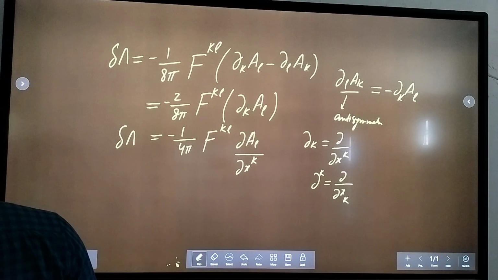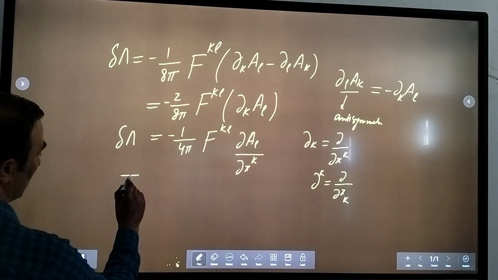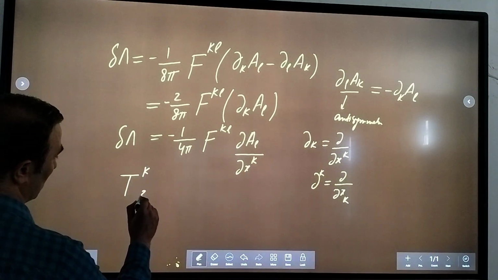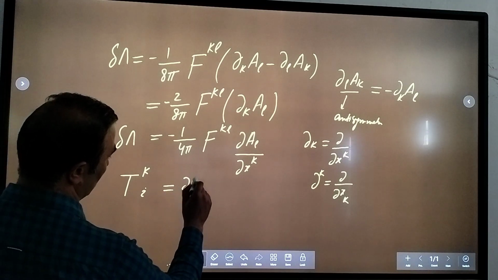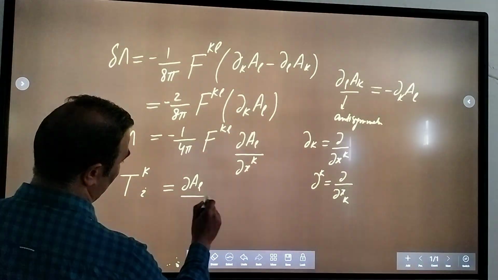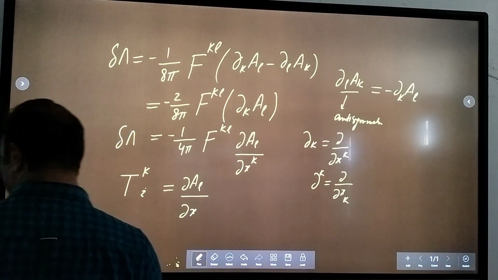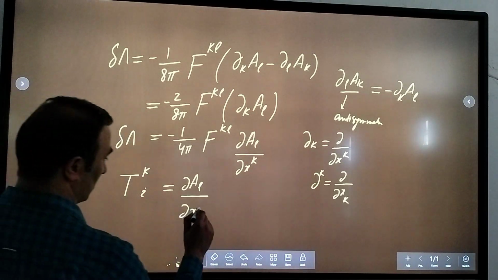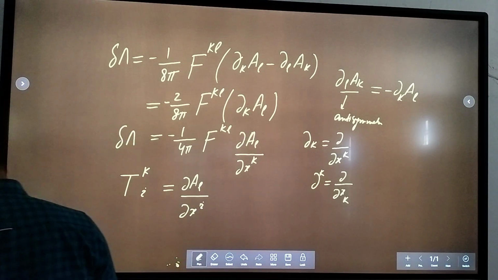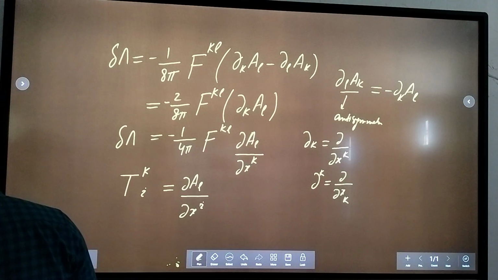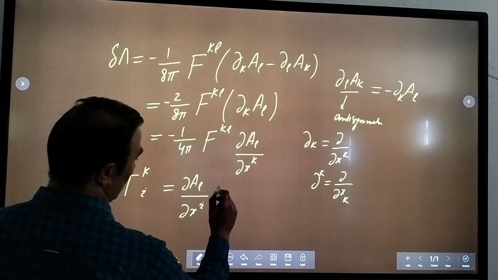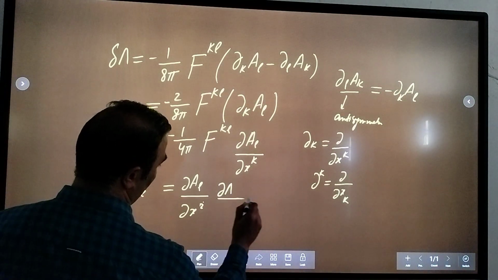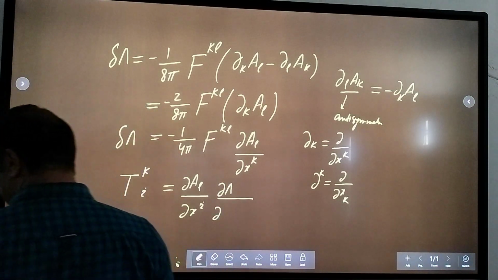So our previous equation was, if you remember, T K i equal to partial A by partial X i into partial lambda.